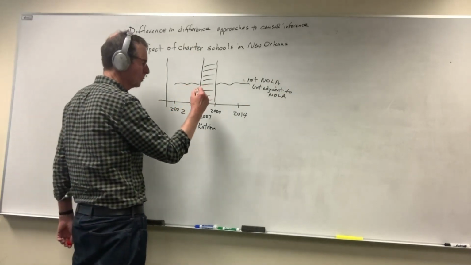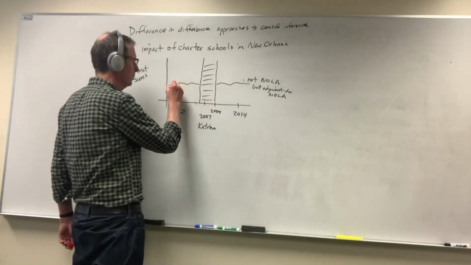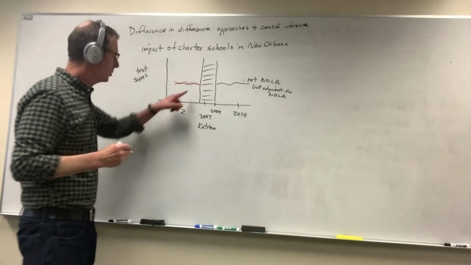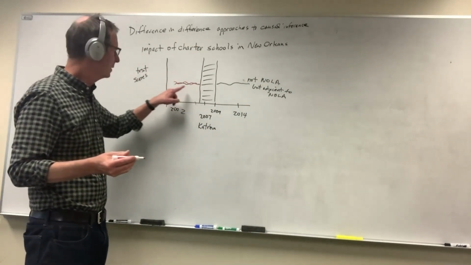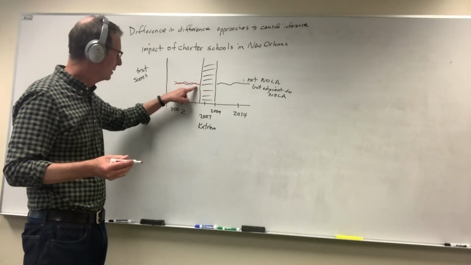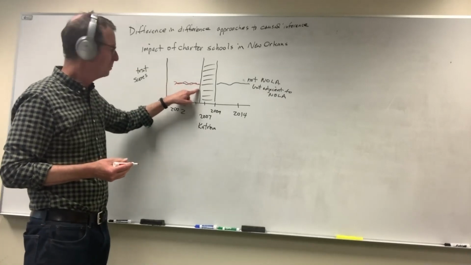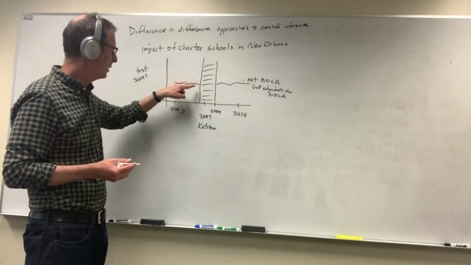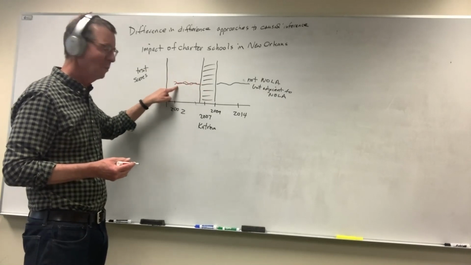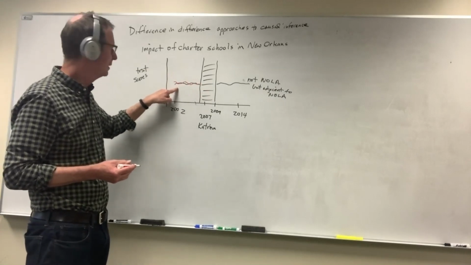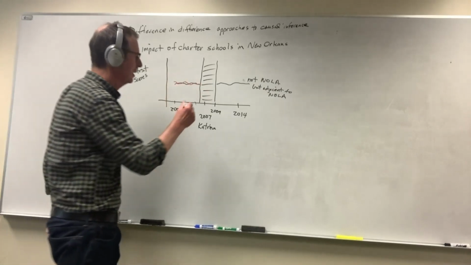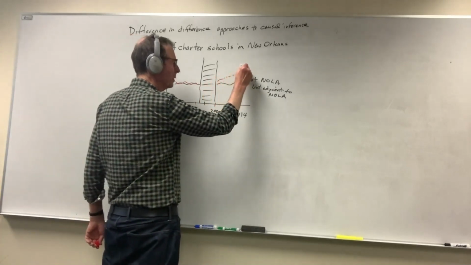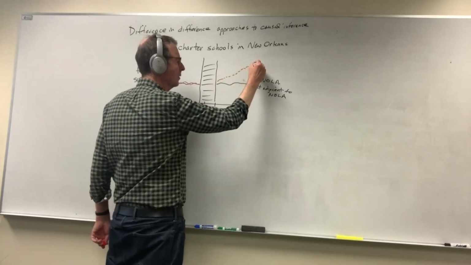What you'd really like, red is going to be New Orleans. You'd really like to see patterns where before Katrina, before anything really happened, you had similar trends. Maybe non-NOLA goes up, but you'd expect New Orleans to be going up too. Katrina hasn't happened yet, so you want to establish some baseline equivalence. But now the question is, after, are we going to observe a NOLA pattern that looks like this?